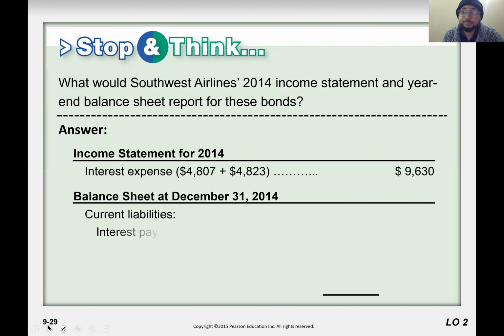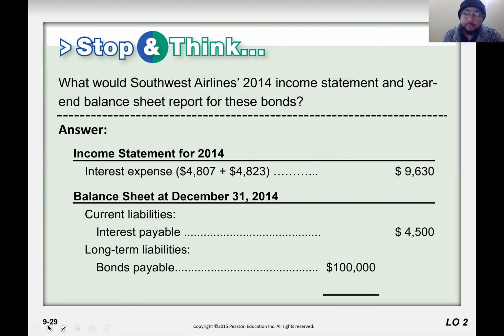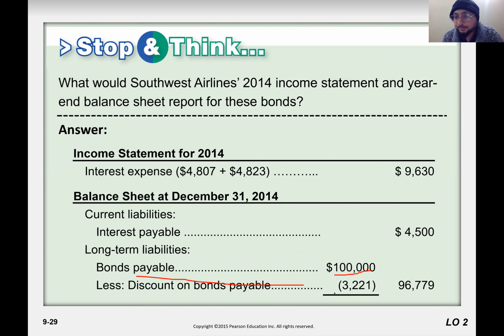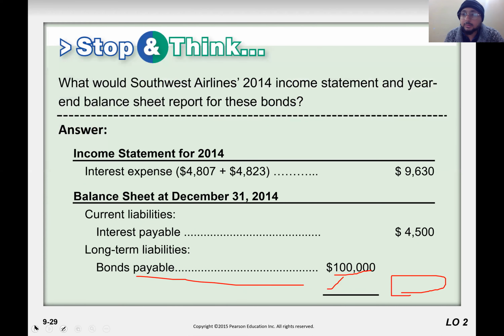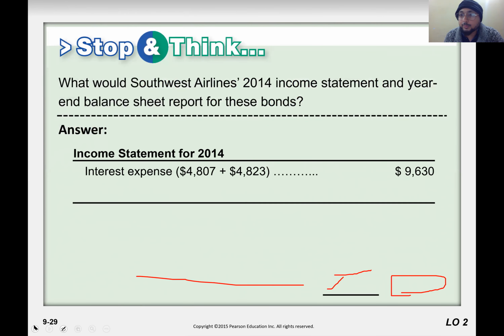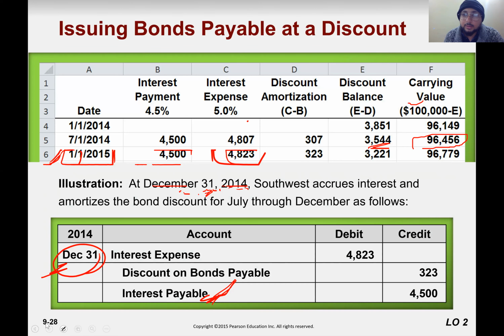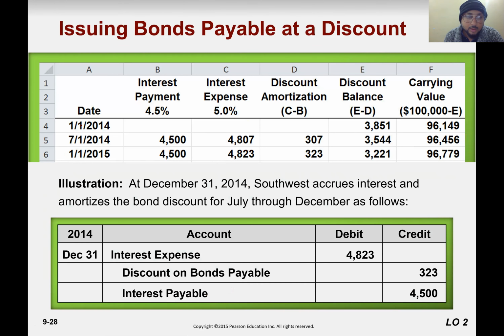Like this: interest payable, 4,500 that we need to pay. Here bonds payable, total value 100,000, less discount 3221, and 96772. Sorry, after including both payments, 96772 is going to be your carrying value.